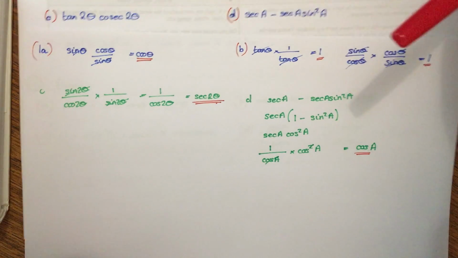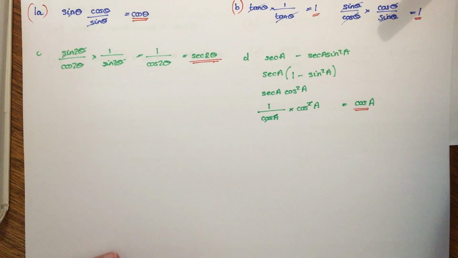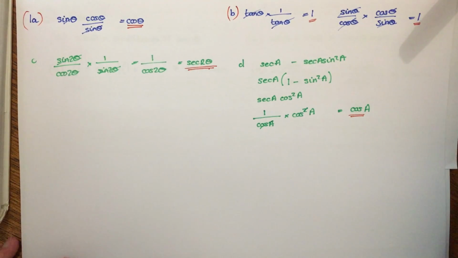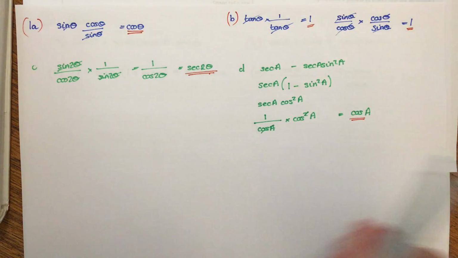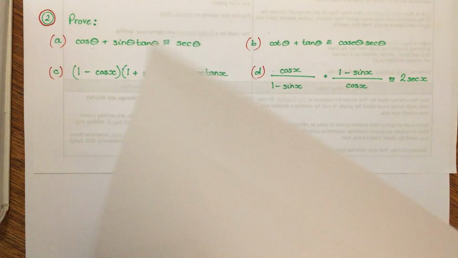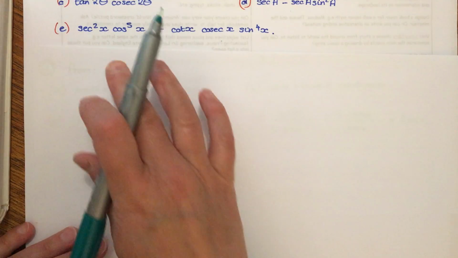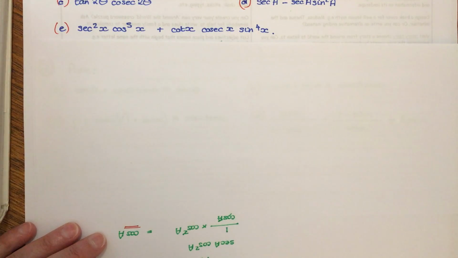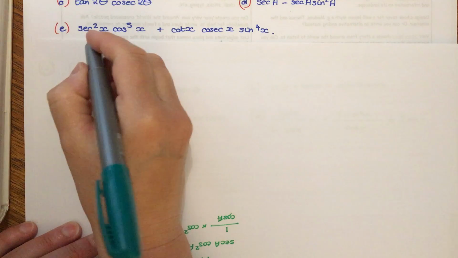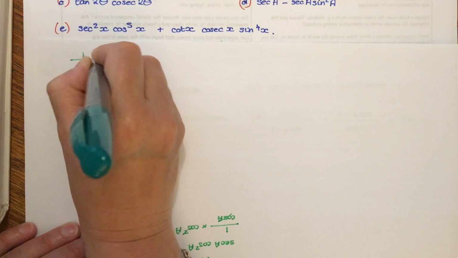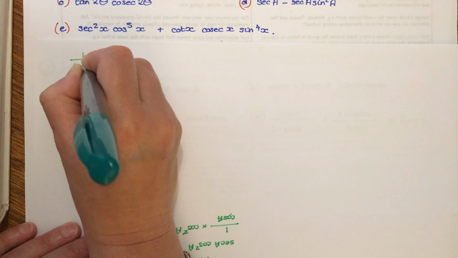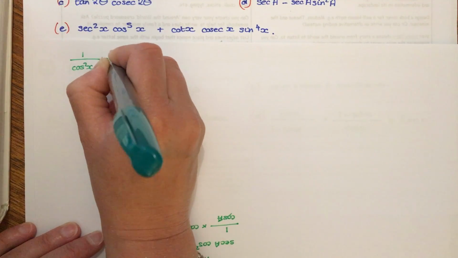And the last one, if you can still see that, I don't think you can here. I do that way, is that better? Right, this looks horrible, but it's probably turned out to be quite straightforward. So sec is the reciprocal of cos, so that's the same as 1 over cos squared x, cos 5x.